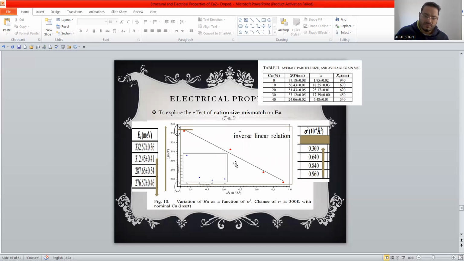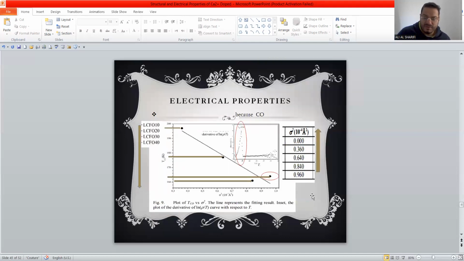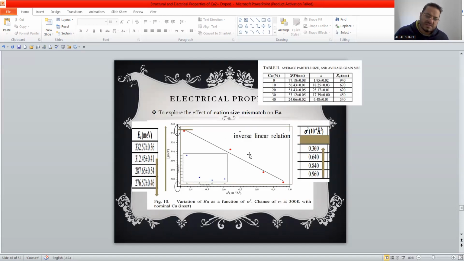Here, the activation energy in milli-electron volts with the cation size mismatch. Here I must say something. When the mismatch increases, we will note the charge ordering temperature is increased, except the last one, which increased but a little bit. Let's say something is happening here with the activation energy.